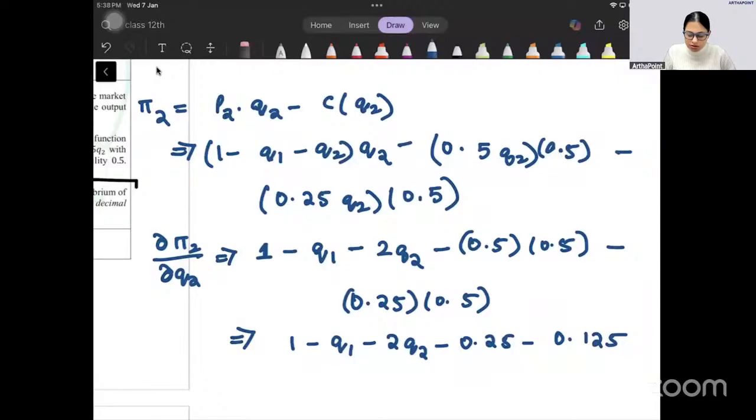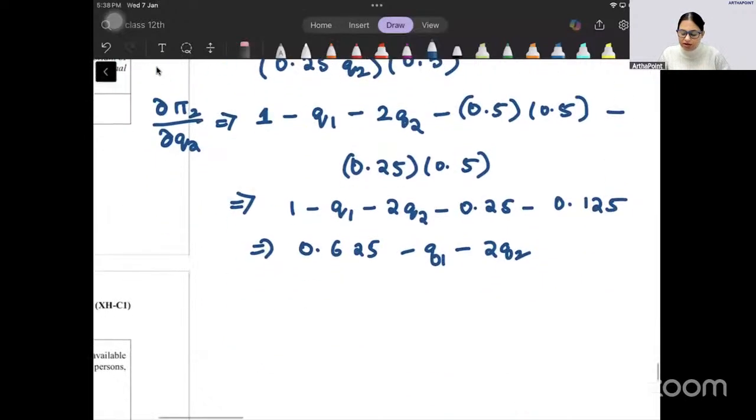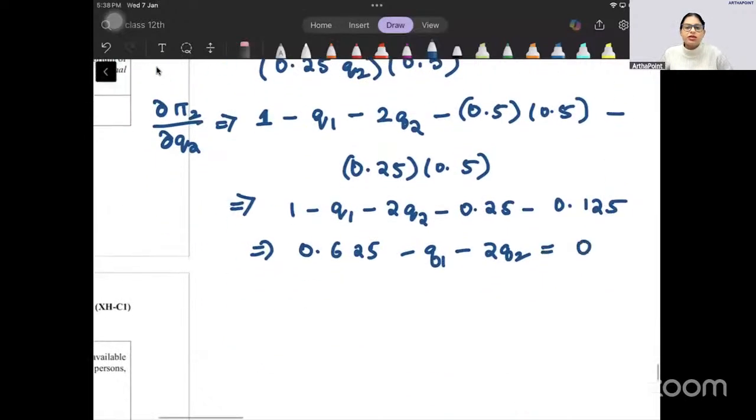This is 0.625 minus Q1 minus 2Q2. So firm 1 solved this in its mind for firm 2 and gets this equal to 0, and gets Q2 is equal to (0.625 minus Q1) by 2.